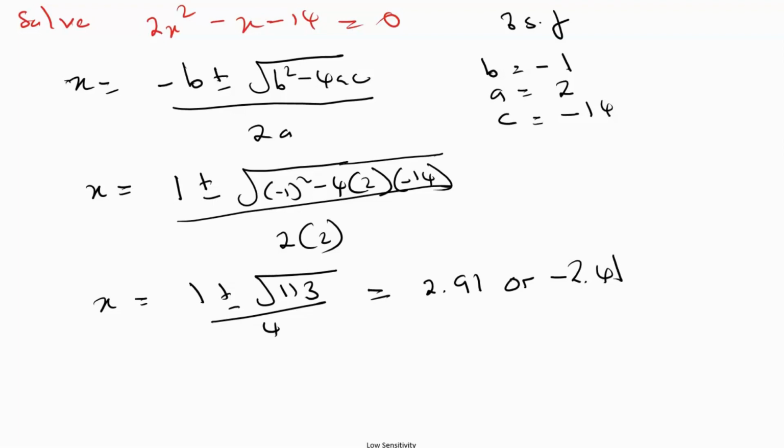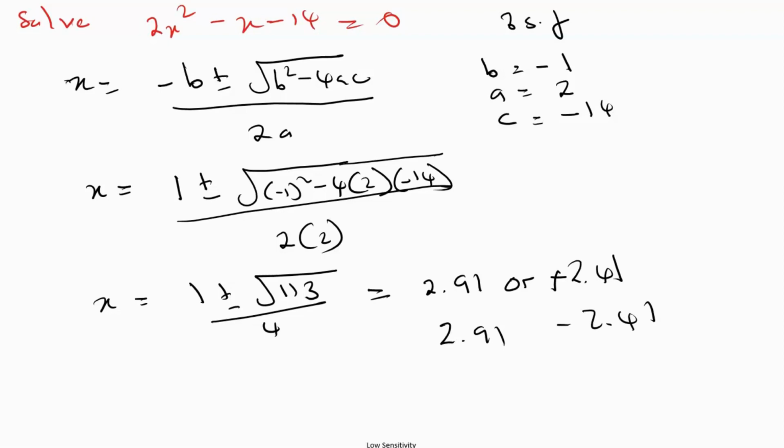Right, so those are the answers that we get: 2.91 or negative 2.41.